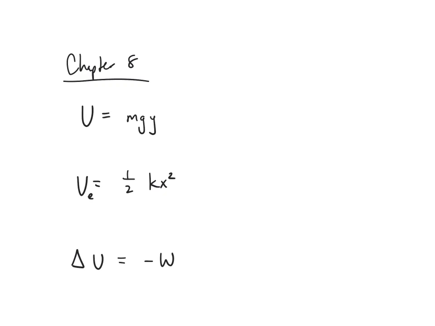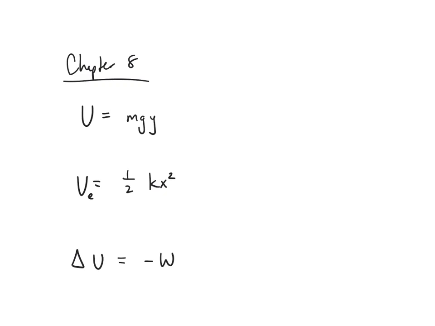And if you think about this, if I were to think about an object moving from here up to here, and I think about the work done from here to here, I might have a force being applied by a cable lifting it up a certain distance.